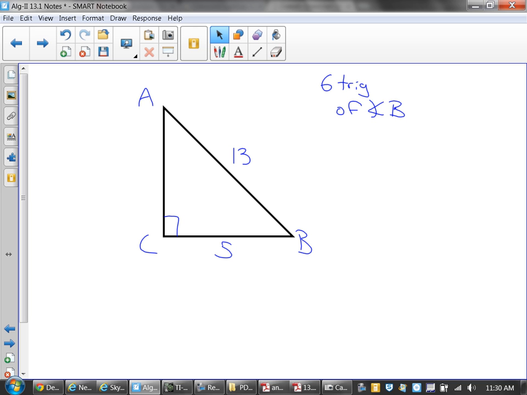Am I asking you to solve for the angles here? No. Am I asking you to just write out ratios of sides? Okay. What's the first thing you got to figure out? What AC is. What's AC?